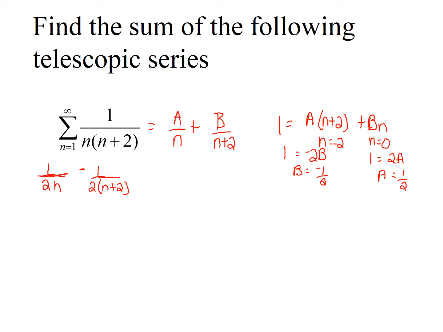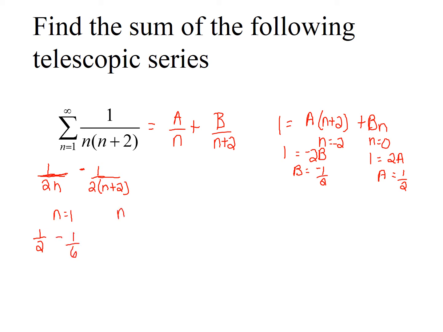Now, to find the values for which it collapses, I just find values of n. So I'm going to start when n is equal to 1. I get 1/2, because I'm just plugging in 1 into this expression, so I get 1/2. If I plug in 1 into this expression, I get 1/6.